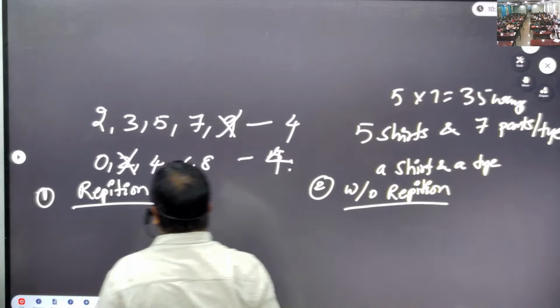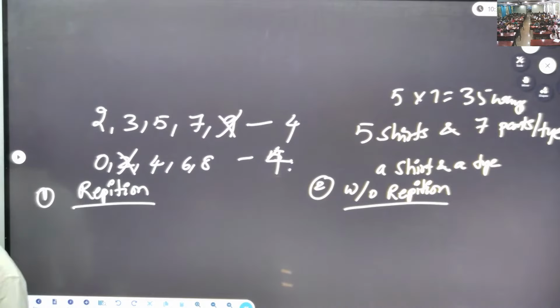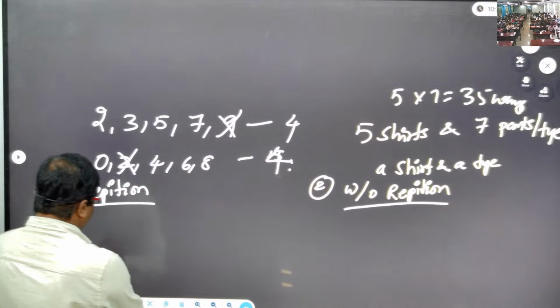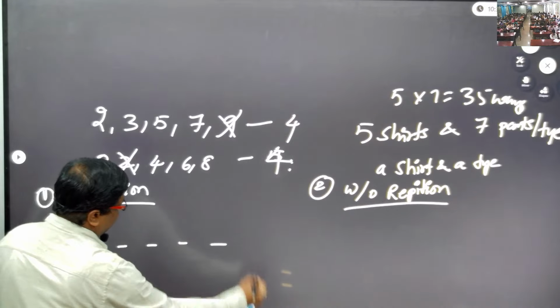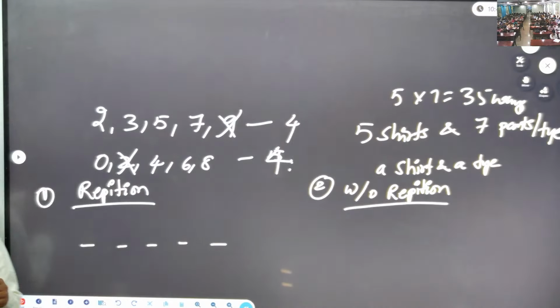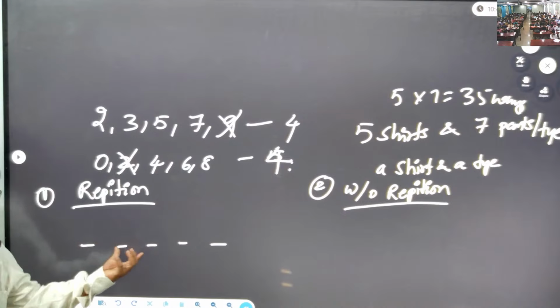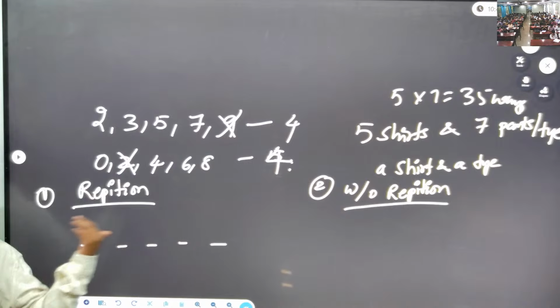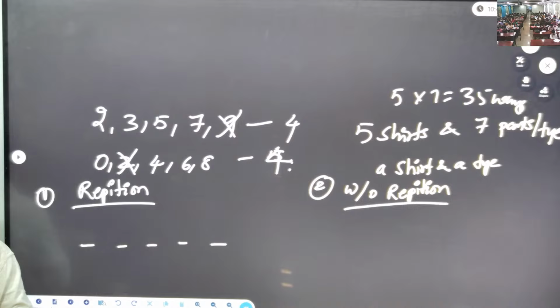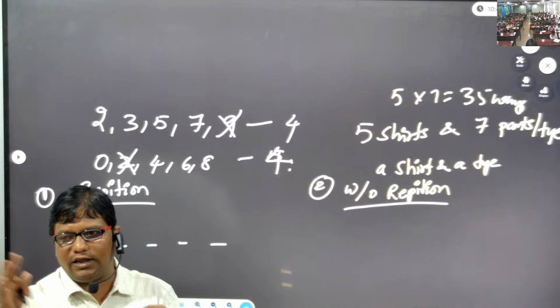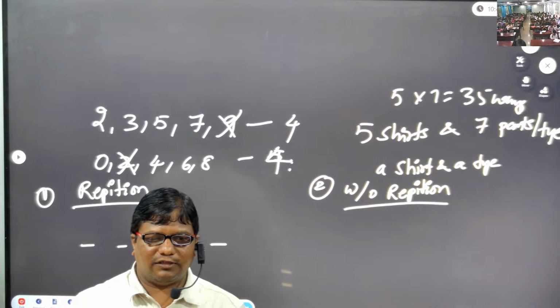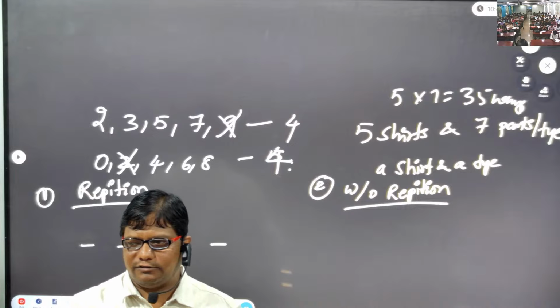So what is the size of the sequence? 5 letters. Okay, fine. What is the categorization? 3 letters are in one category, 2 letters are in another. That is, 3 letters we have categorized as English, 2 letters as numbers. As repetitions are allowed, just like our previous question, for the 3 English letters, how many alphabets are there?